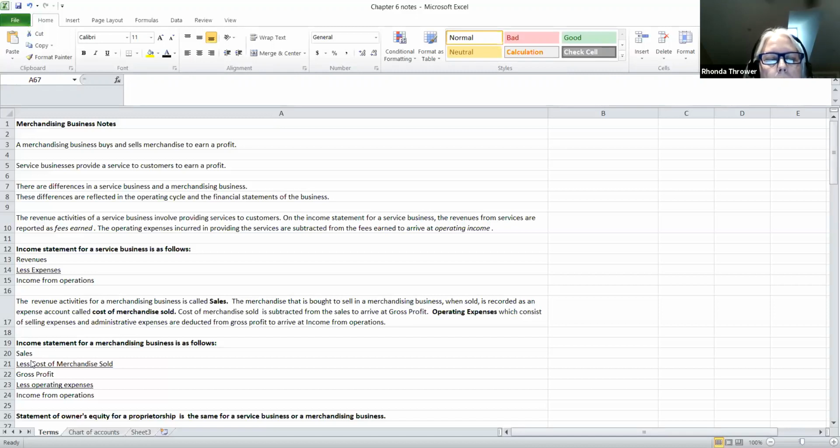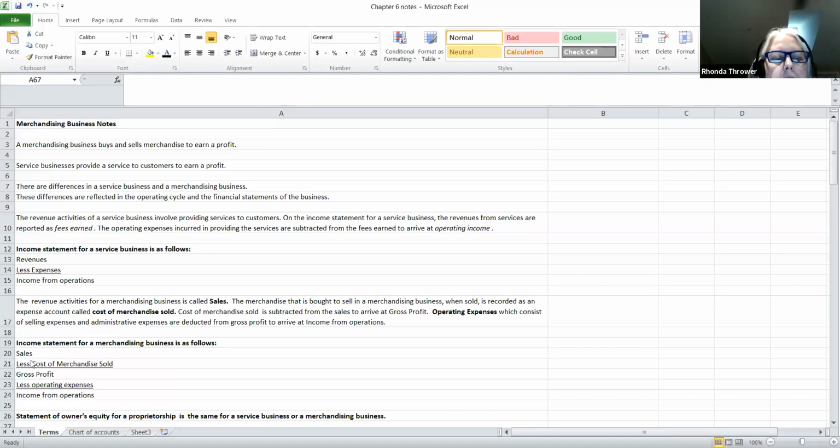And this is no different. We're going to start with an income statement as our financial statements. We need to determine the net income because it's going to go into the statement of owner's equity. And then the ending owner's equity will feed into the balance sheet just like it did before in chapters 1 through 4.